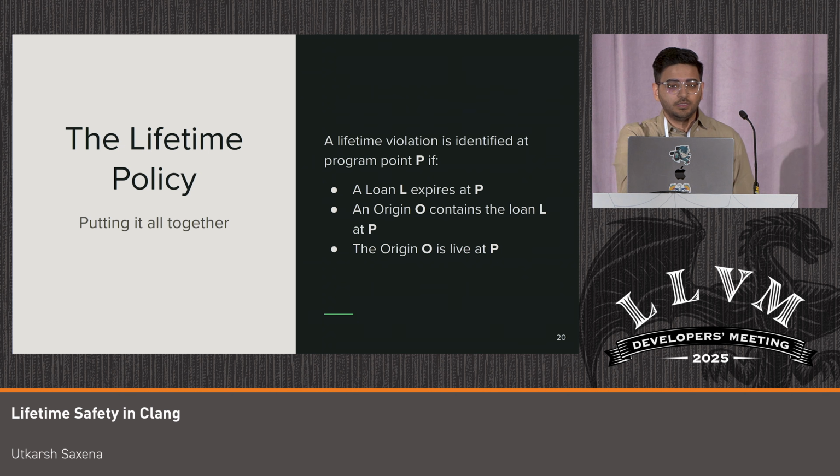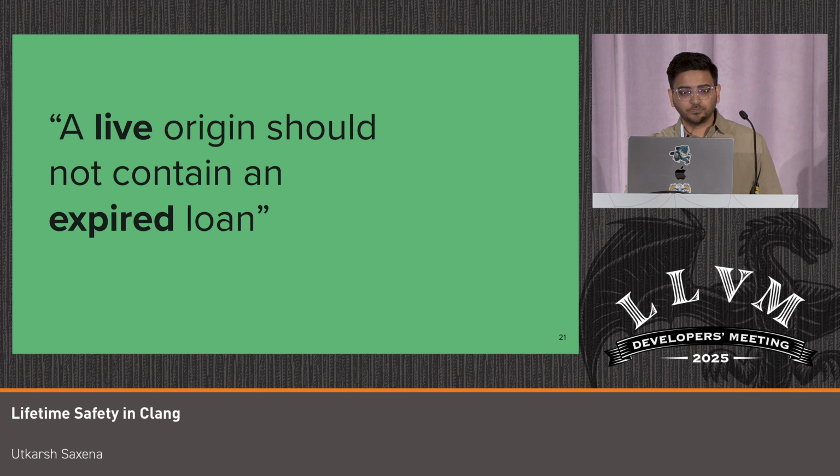Putting it all together, we can define what a lifetime violation looks like in this model. So at a program point P, if you have a loan L that expires at P, and an origin that contains the loan L, and that origin is also live at P, we say that we have a lifetime violation. More concretely speaking, in order to not have any lifetime violation, a live origin should never contain an expired loan.